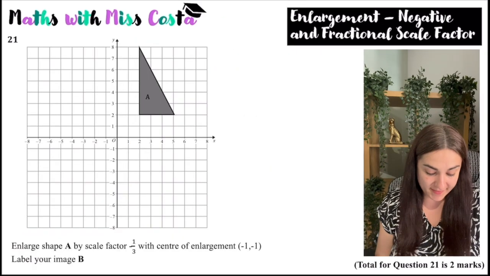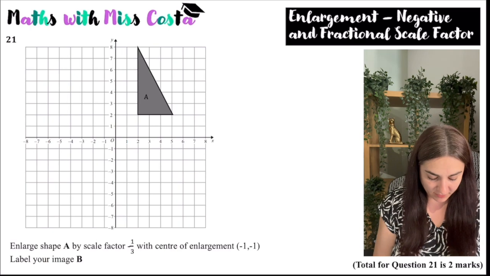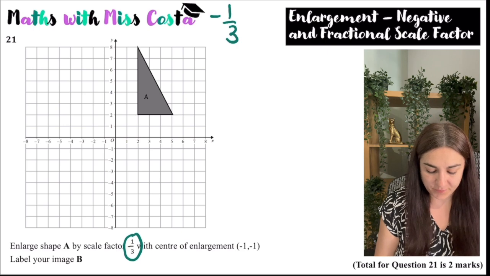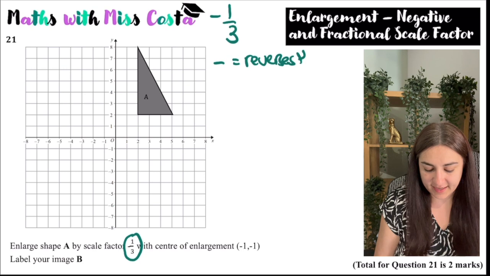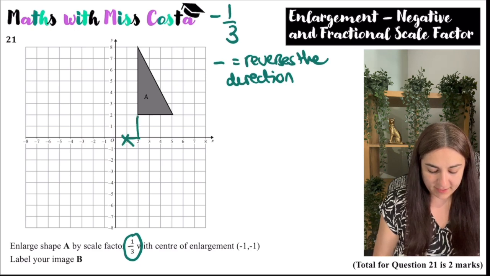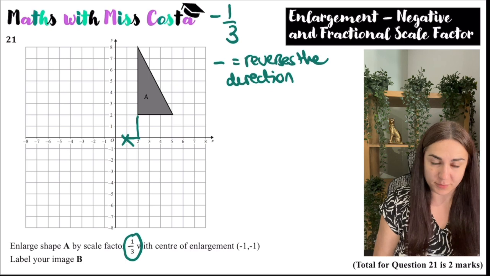Okay, so in this question, I've been given a shape and I've been asked to enlarge it by scale factor minus a third. Okay, so if you get a minus scale factor, it reverses the direction. So normally when we're doing enlargements, we have our center of enlargement, let's say it's here, and then we're like, how do I get from here to there? How do I get from my center of enlargement to the shape?